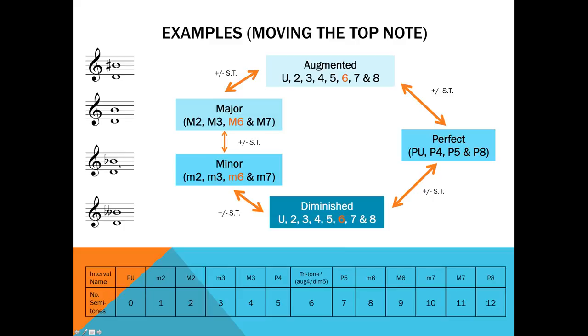It is still 6 scale degrees, 1, 2, 3, 4, 5, 6, but this time it's 8 semitones rather than 9. And if we were to then take our minor sixth and lower the roof again, it's still 6 scale degrees above the bottom note. So 1, 2, 3, 4, 5, 6.